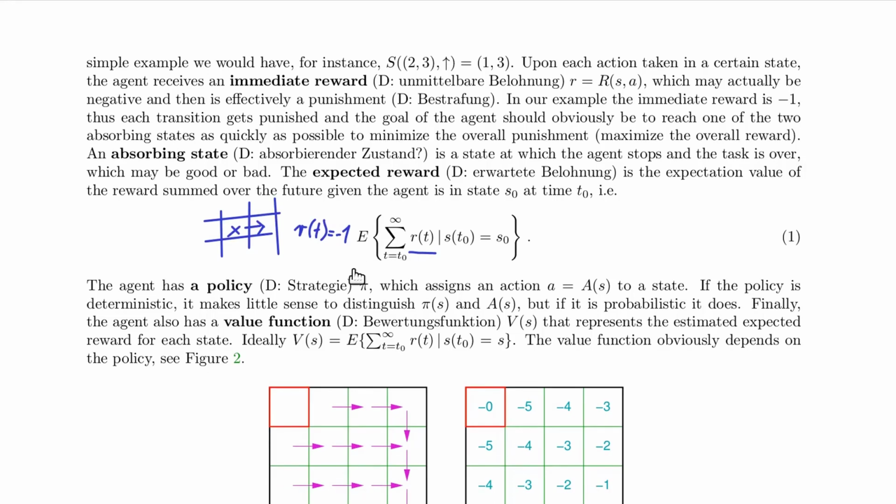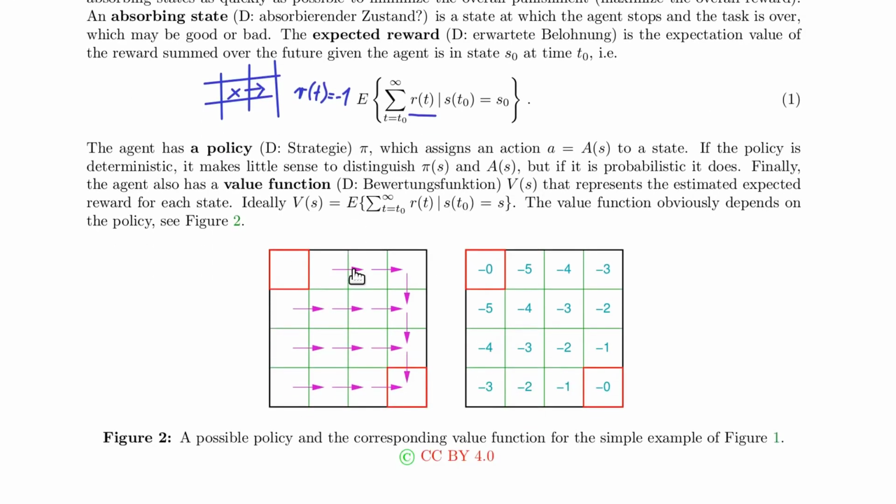So in the example above, if we assume that the agent has this policy, for each state there's an arrow that leads into another state, right? Except for the absorbing states. And that is a policy, right? So the agent can behave according to these arrows.